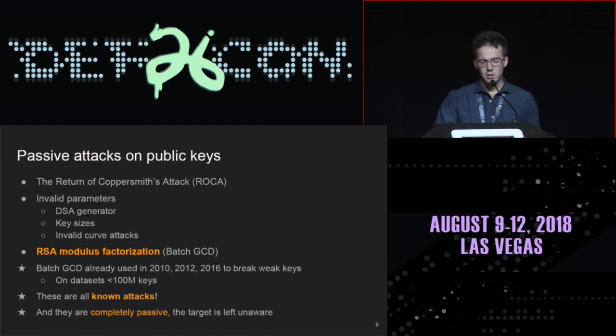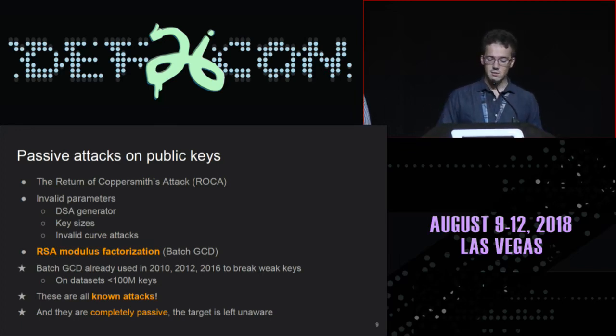Another problem you can have is invalid parameters in DSA, for example, or if you take too small a key size for your ECC or DSA, or even for RSA. If you take 100 bits prime, it's no good. You can easily factor those. Invalid curve attacks are also a thing, but we'll see later it's not a thing actually.